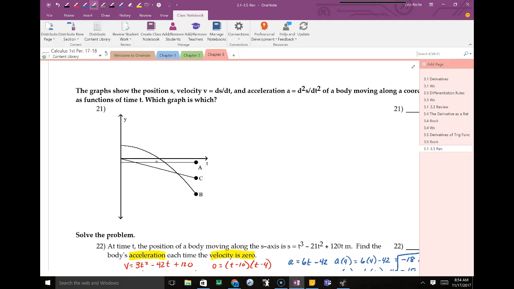Negative 1/2, 1/4, negative something. The line that shows that constant slope is line A, right? This has a constant slope and it looks like it's at negative, I don't know, 1/2, whatever it happens to be. So B is your position equation. The derivative of that was the straight line that went down, that was C, so that's your velocity. And A was your acceleration.